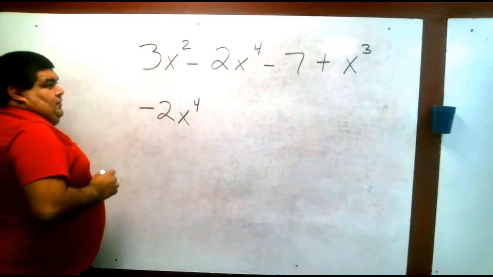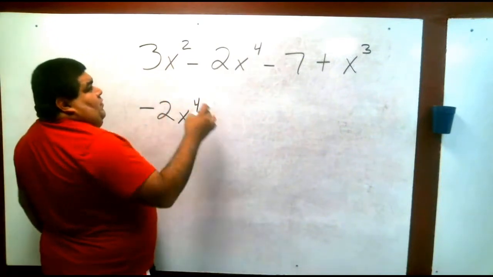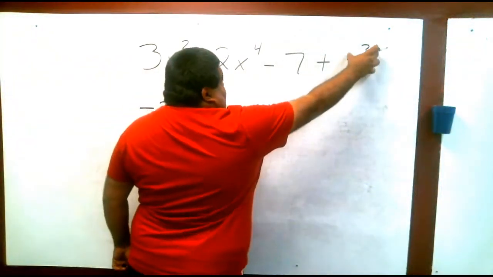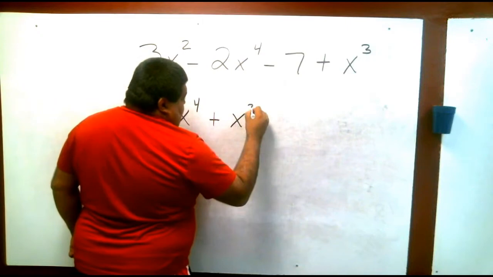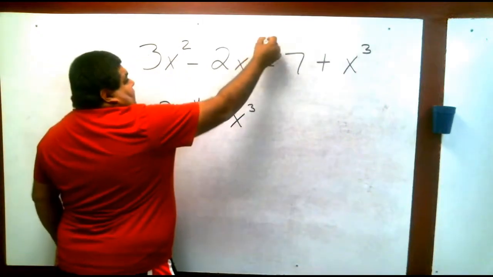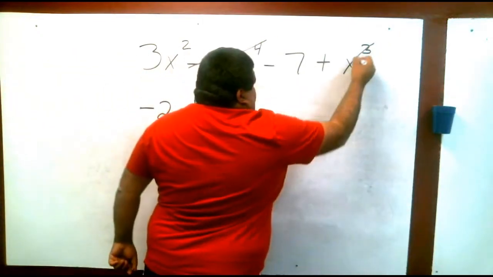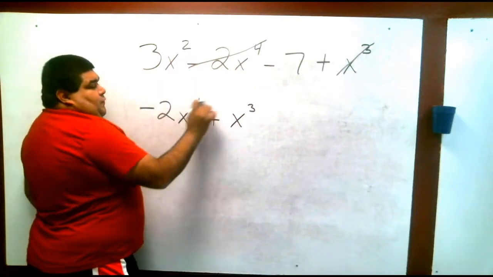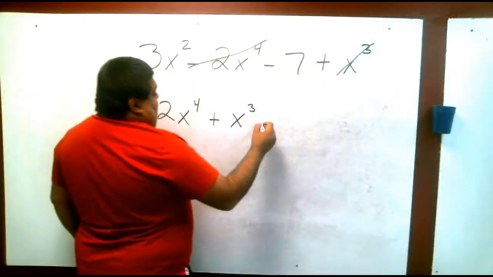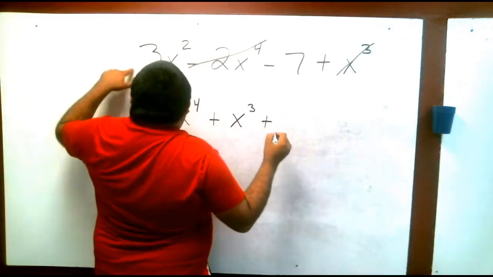Then we do the second one, which in this case is plus x to the third. So we're done with this one. The next one is the square, after 4, 3, 2. So we have plus 3x squared, because there's no number in the front.